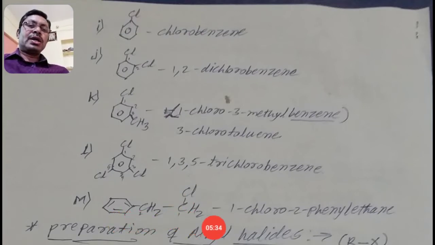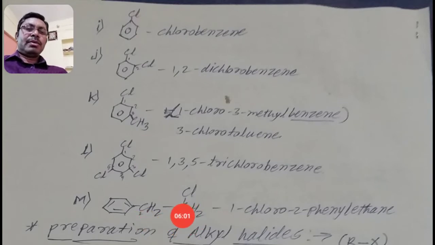Like that compound, these are aliphatic compounds, because the halogen atom is attached to the aliphatic part, not the ring. The benzene ring is attached to carbon number 2. First select the carbon chain, that is 1, 2.